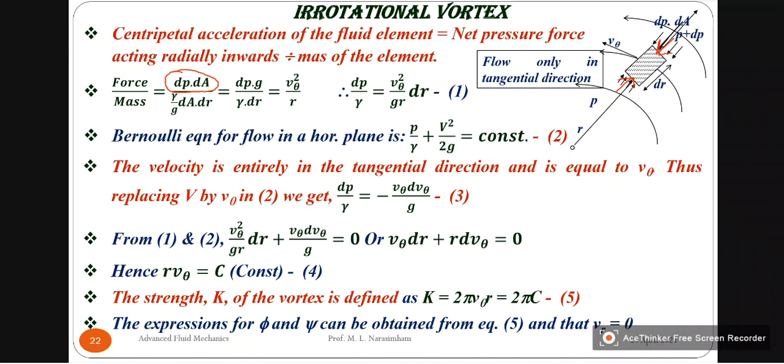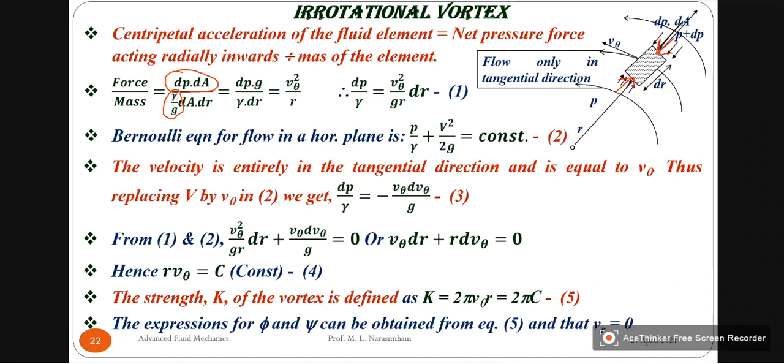Now, what is the mass? The mass of the element is equal to gamma by g. What is gamma by g? Mass, sir.